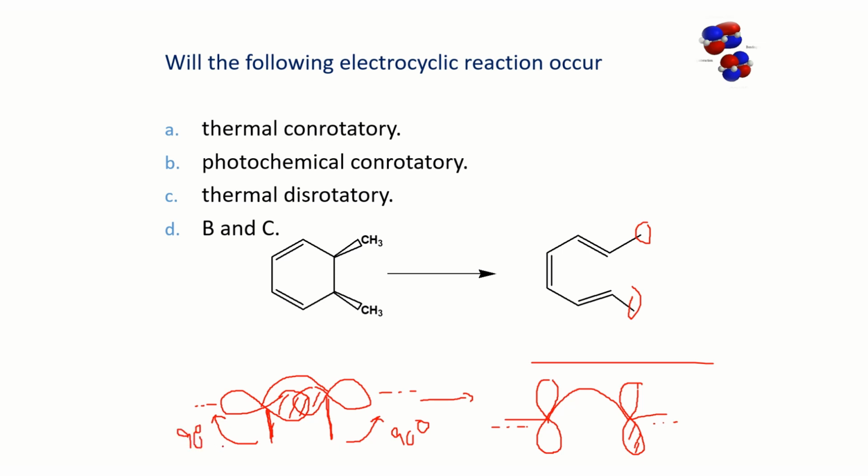If I rotate 90 degrees that way, then of course the shading will also be on this side. This is a symmetrical molecular orbital, isn't it?